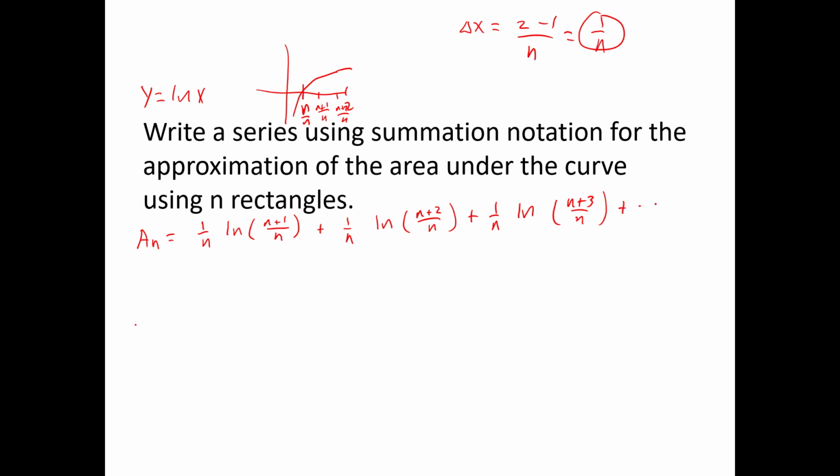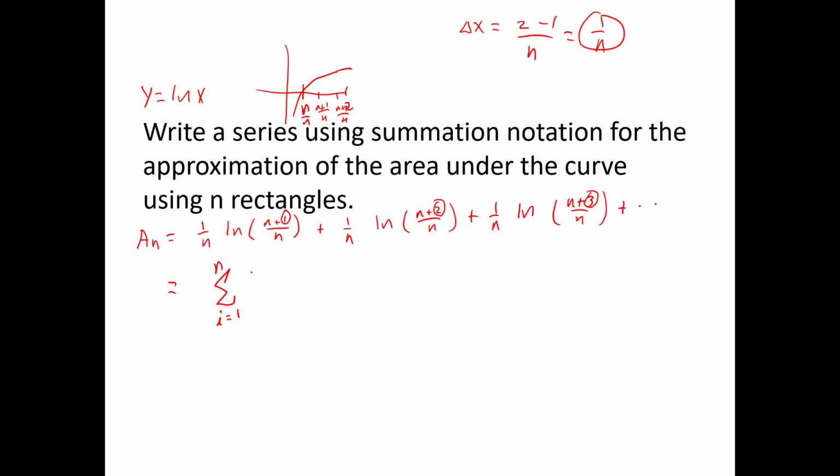We're going to write that using summation notation. So this becomes the summation from I equals 1. The top here is how many rectangles you have. You have n rectangles, so it goes from I equals 1 to n. And then the only thing that's changing on these different terms is this guy right here.